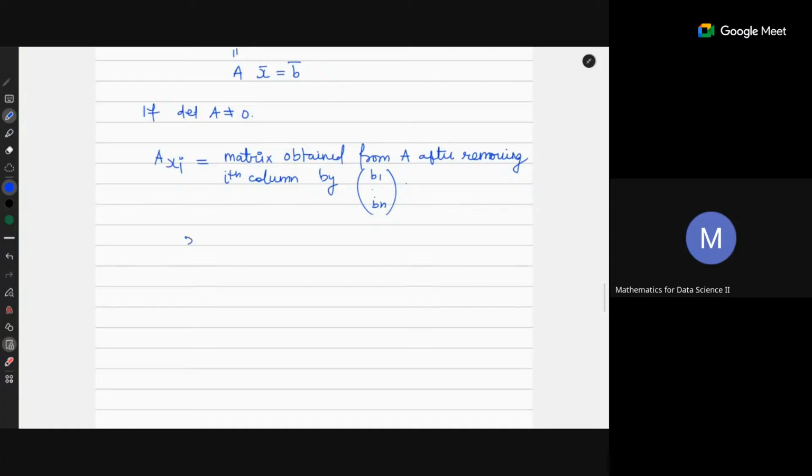And then the value of xi is equal to the determinant of AXi divided by the determinant of A.